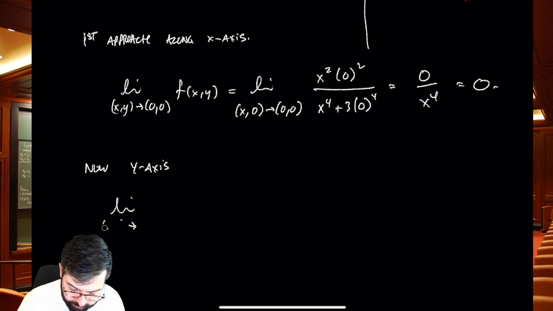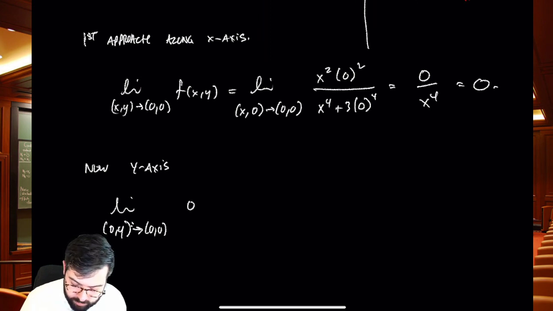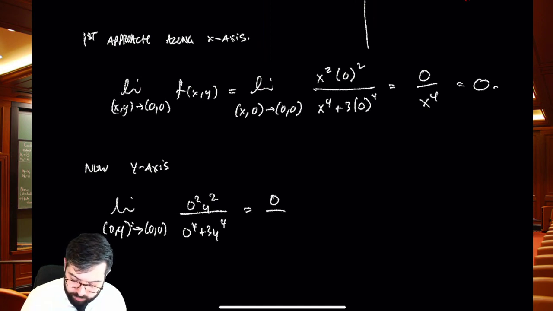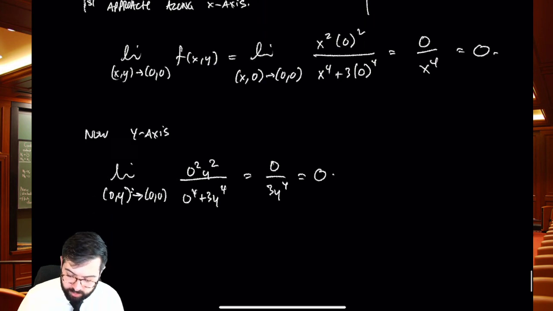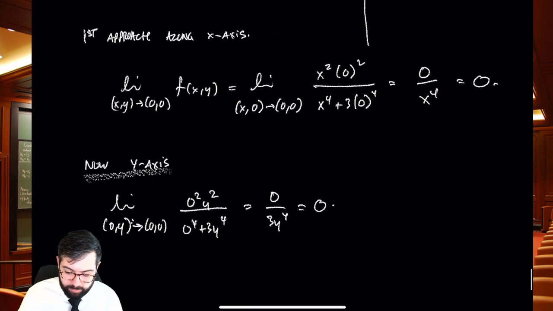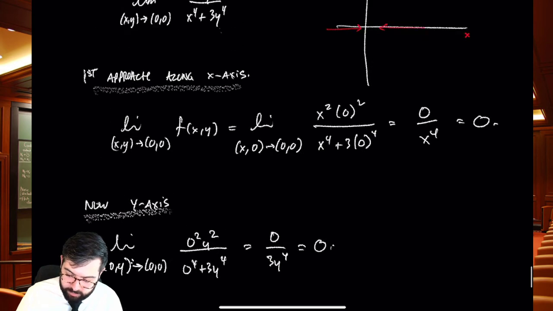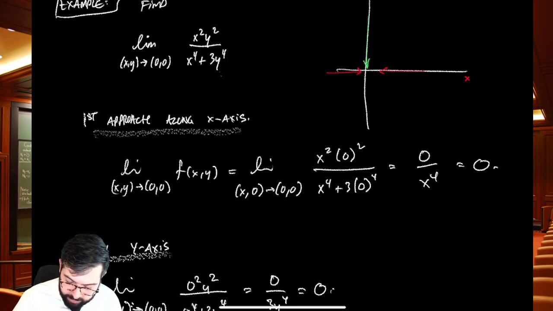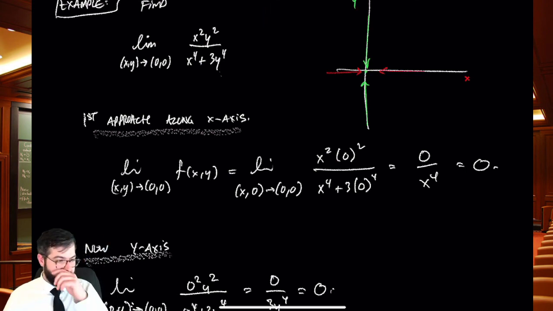I'm just going to jot this down as coming along (0, y) to (0, 0) of 0² y² over 0⁴ + 3y⁴, which is 0 over 3y⁴, and this is equal to 0. And so we see some somewhat compelling evidence that this limit might be 0, right? As I come in on the y-axis, it looks like it's heading to that point.